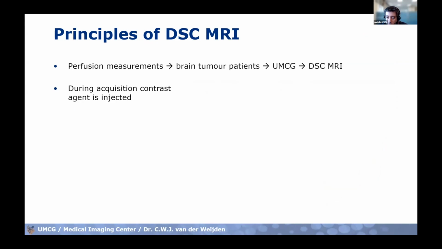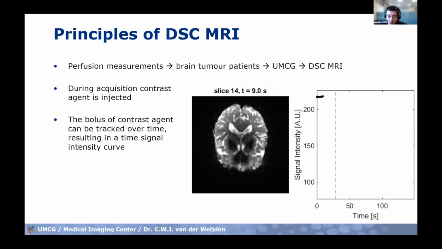As a contrast agent passes through the microvasculature, it creates local magnetic field disturbances around the vessels. These disturbances cause nearby water protons to lose phase coherence, resulting in a drop in signal intensity, as you can see here. Here you see on the x-axis the time and on the y-axis the signal intensity.